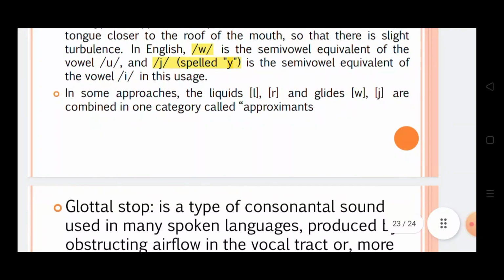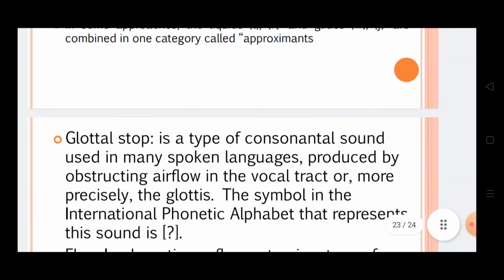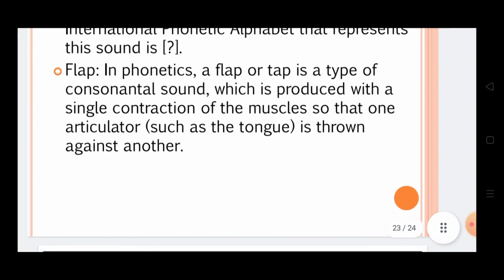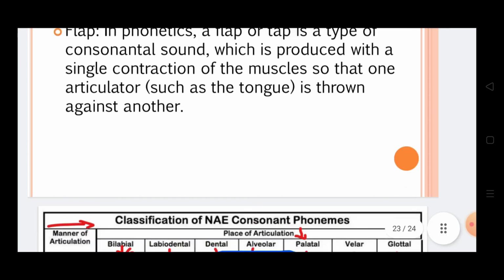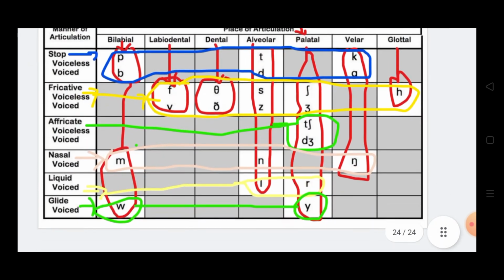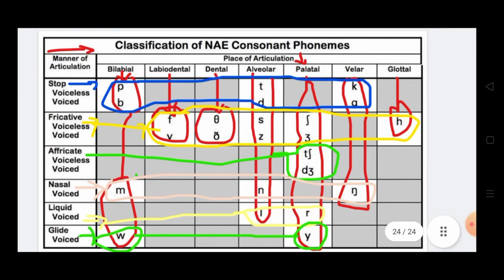And we'll see flap. In phonetics, a flap, which is also known as a tap, is a type of consonantal sound produced with a single contraction of the muscle, so that one articulator such as the tongue is thrown against another. So all your concepts get clear through this phonetic chart.